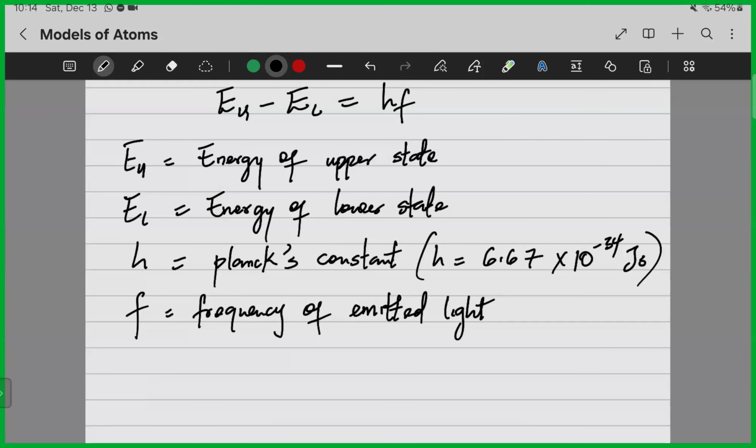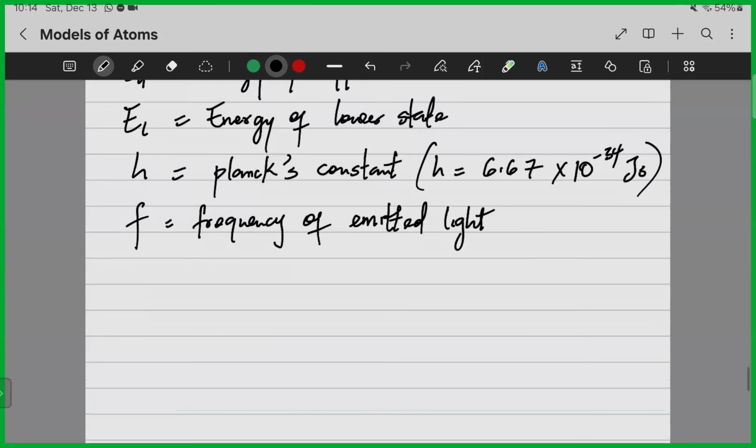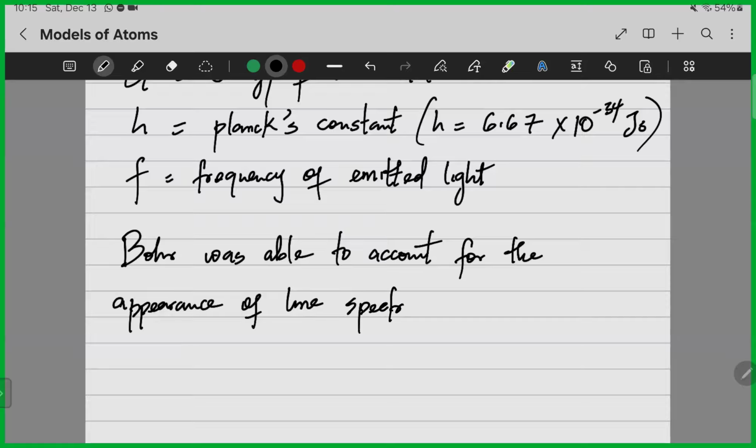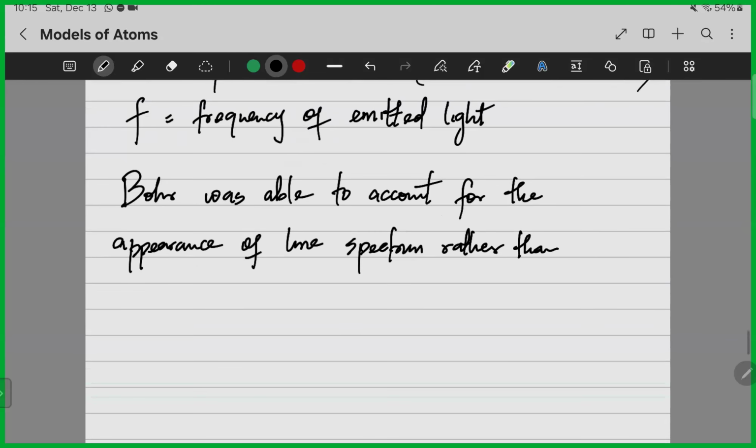So we have established that Bohr was able to account for the appearance of line spectrum rather than continuous spectrum.